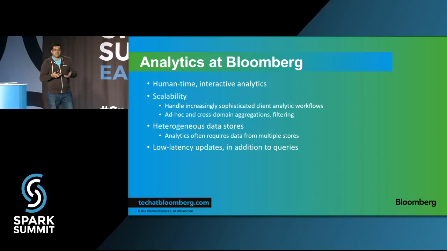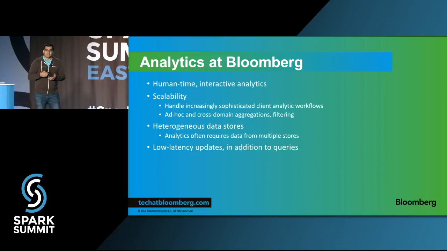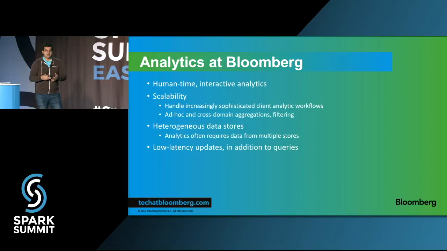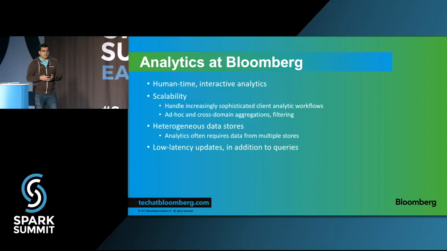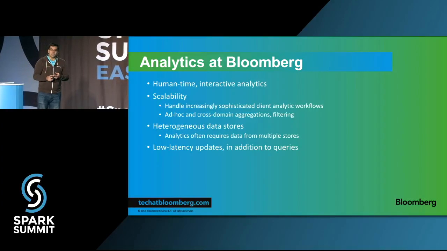Given that everything is finance here, we want to be able to present the latest, greatest, and the freshest data and analytics based on the latest data to our users, because our users depend on us for that. Now, with all of this and the terminal, which itself is a premium product, there's a very high expectation of the quality of data we present, the kind of analytics we present, and the reliability of the system.